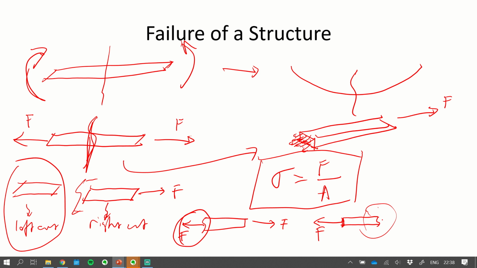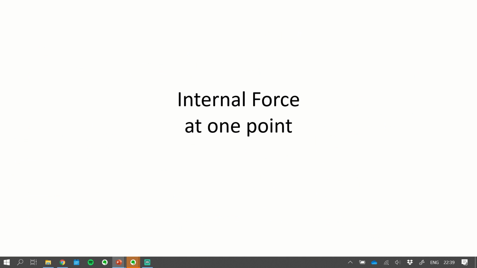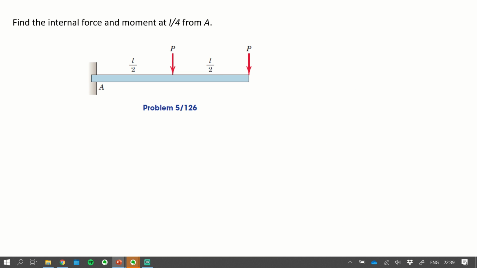In that case, what should we have here? It's supposed to be another force to the right, and this is actually the internal force of this particular cut. That's the easiest example of the internal force.